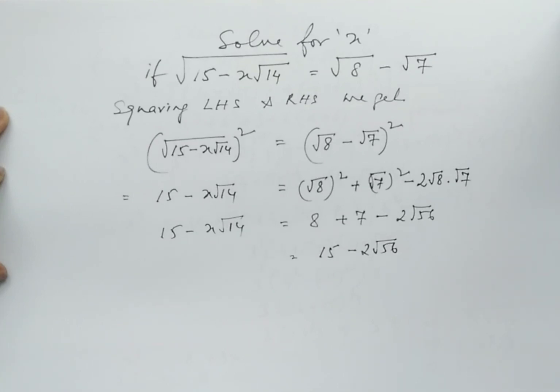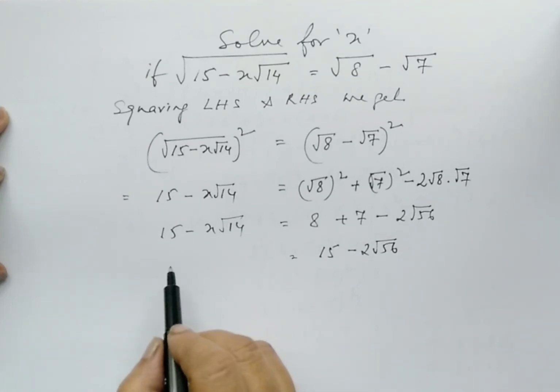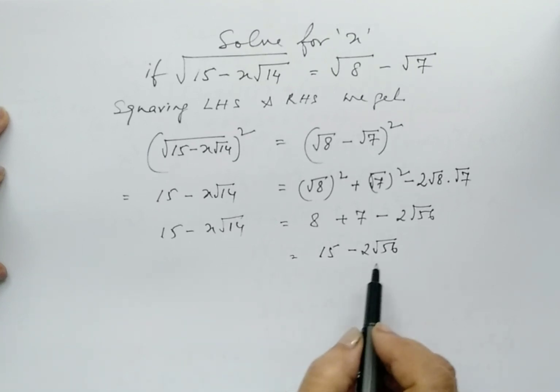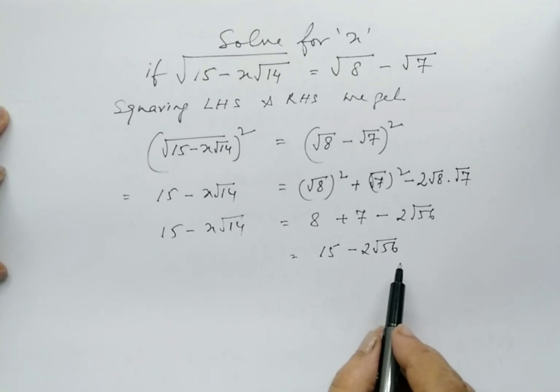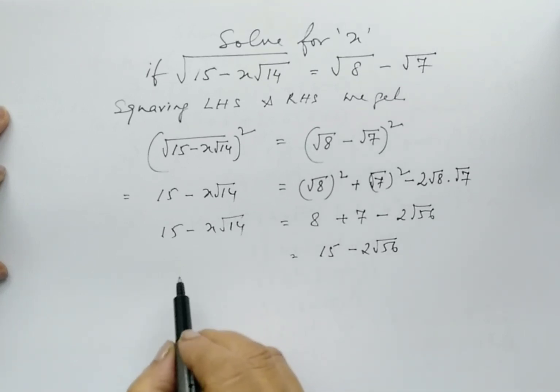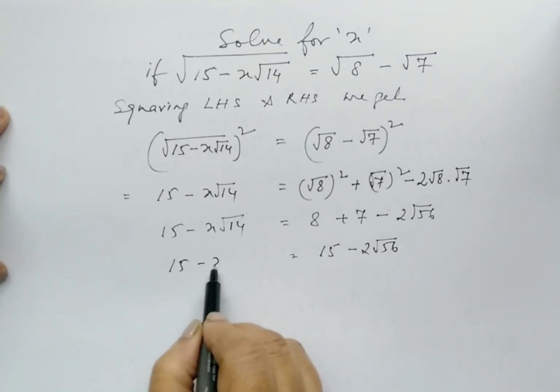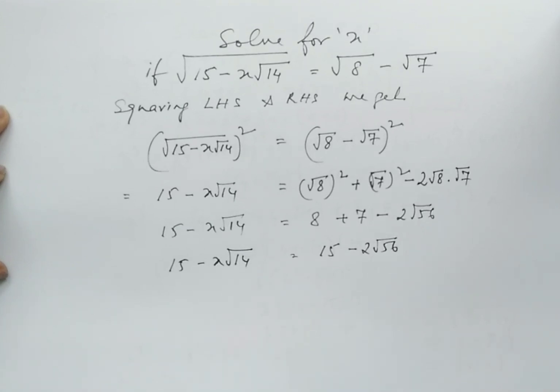All right, so stay tuned because there is still some confusion over here which we have to solve to be able to crack the value of x out of this. Got it? So we have 15 and x root 14 here.